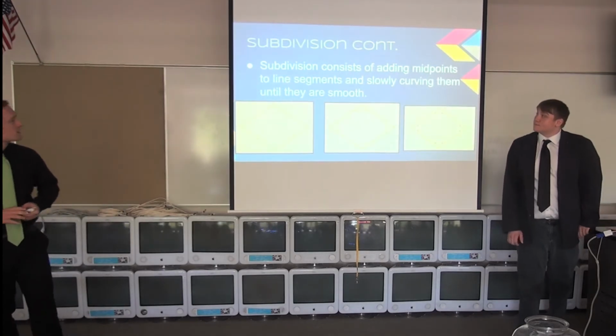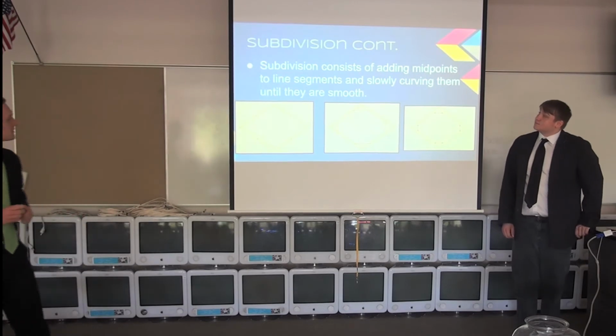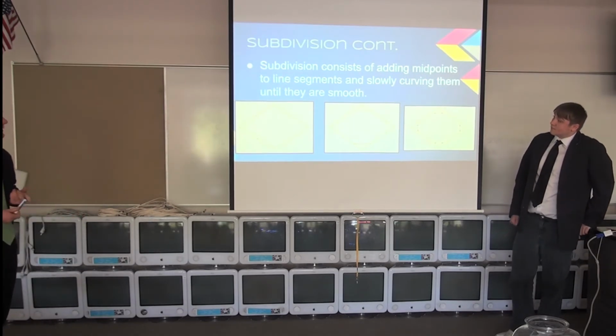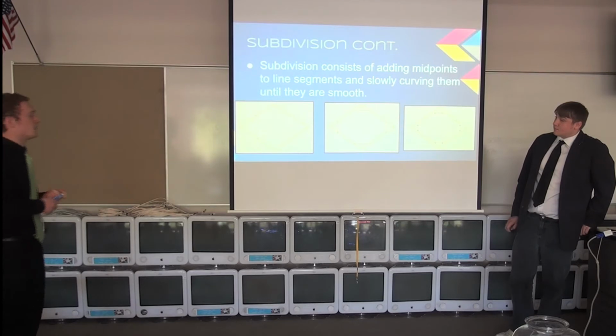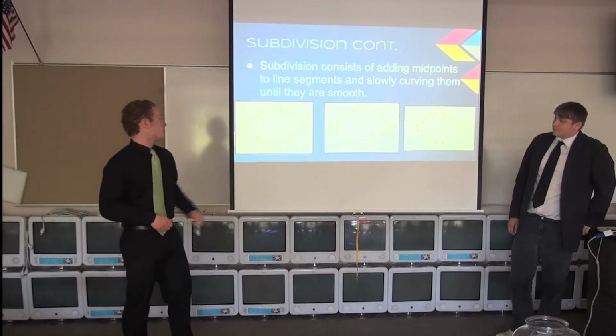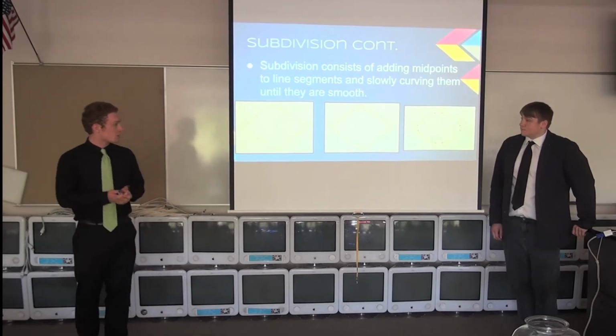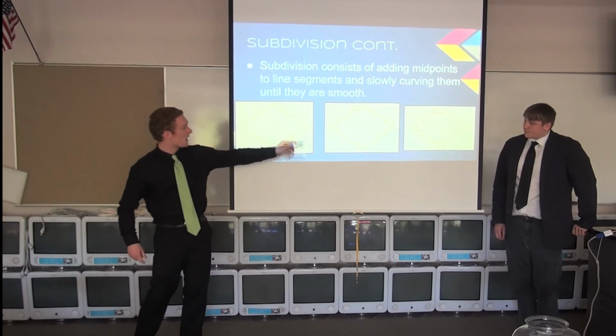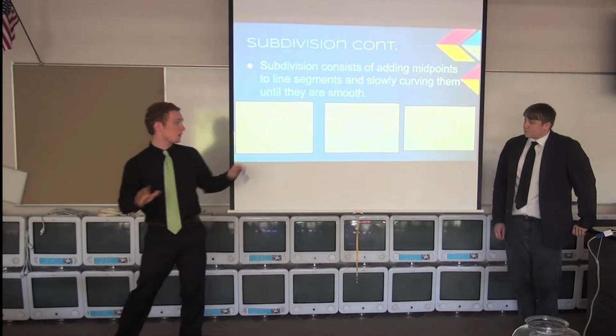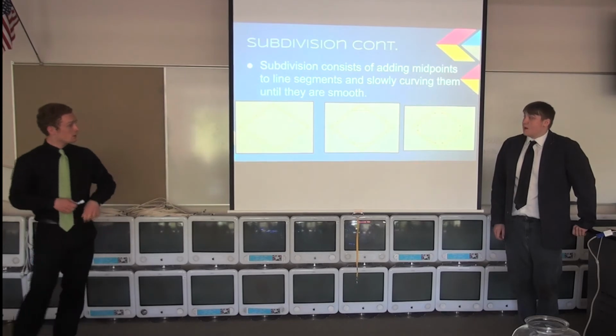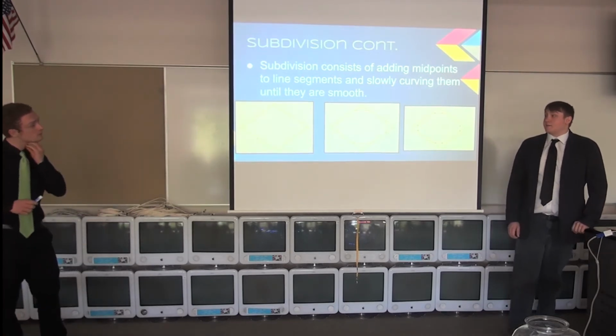Subdivision basically consists of adding midpoints to line segments and slowly curving them until they are smooth. As you can see here, we have the diamond shape, which is a geometric shape. Points are added and then it's curved out to create a circle, and we have an example of that. The more points that you add, the more it gets curved.